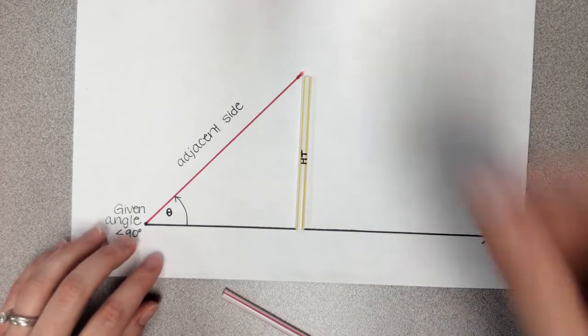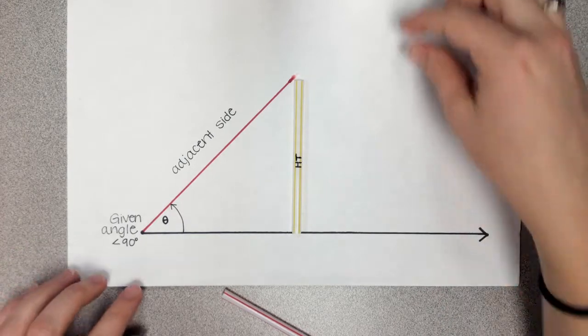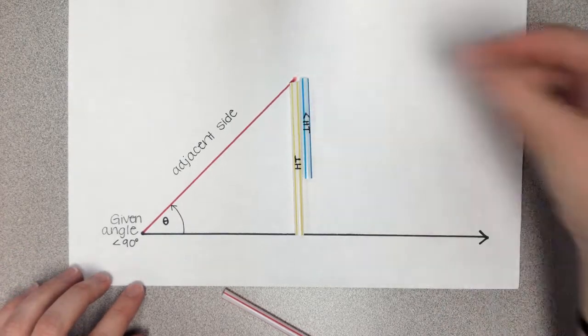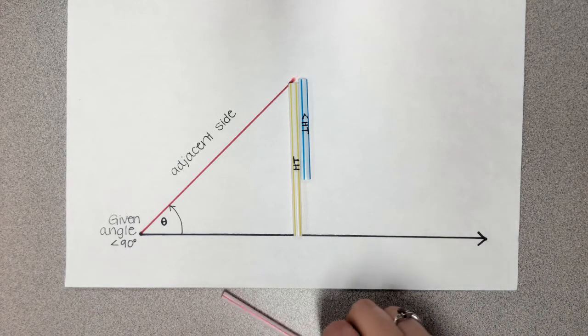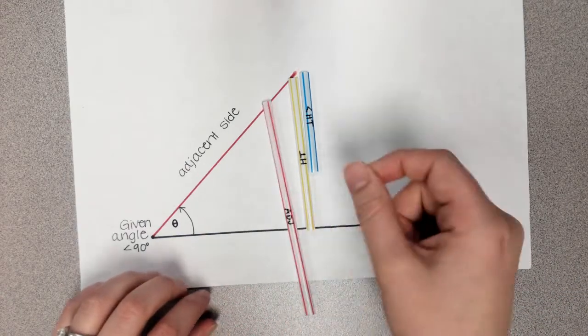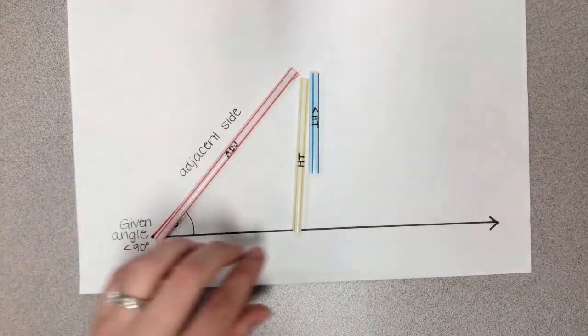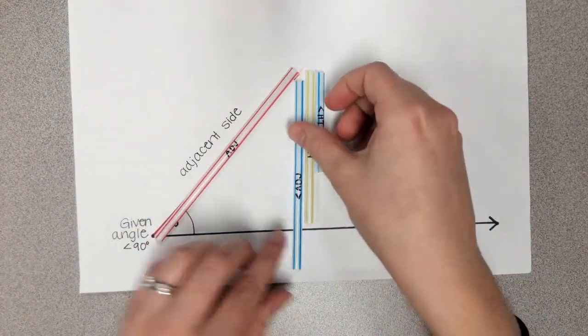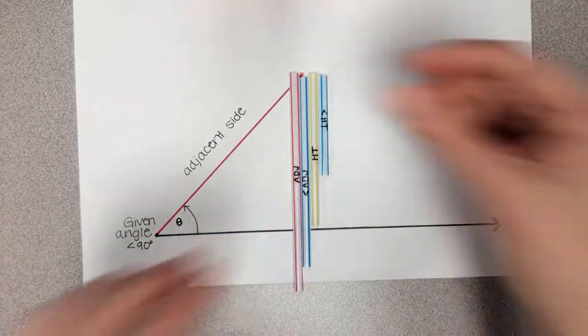Okay, so here are the situations. If the opposite side is equal to the height, how many triangles do you have? 1. What if the opposite side is less than the height? None. What if the opposite side is longer than the height, but shorter than the adjacent? That's the one that makes 2.